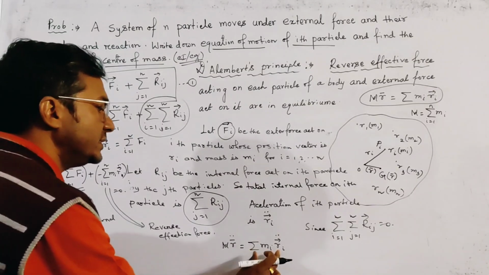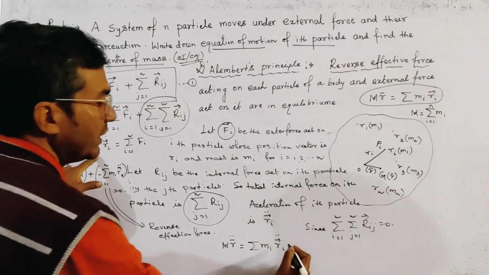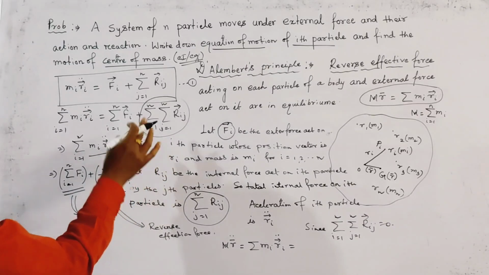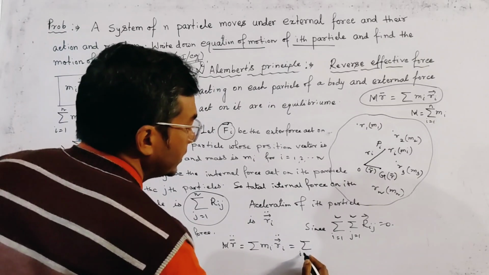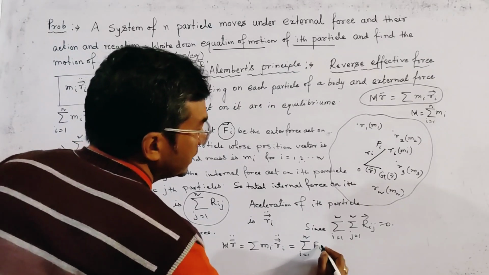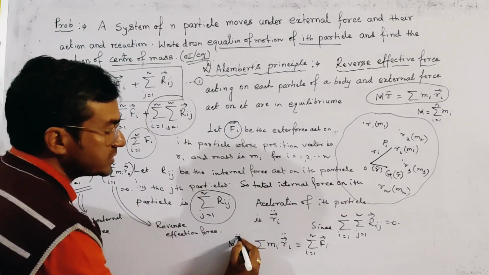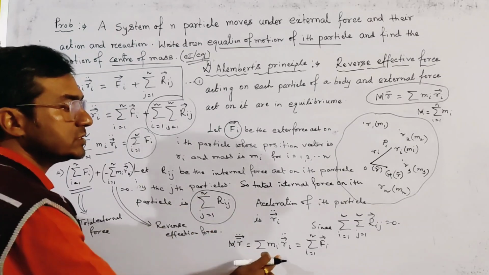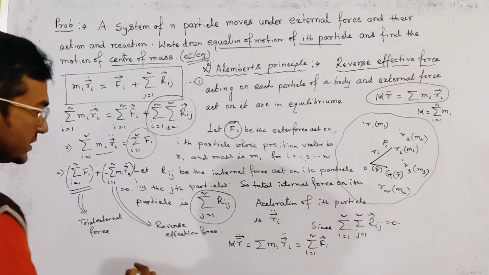Now this term is present on the left side of the D'Alembert principle. Now we put the value, equal to summation i equal to 1 to n Fi vector, and here we may also give a vector sign. So M, capital M, r bar vector double dot is equal to summation i equal to 1 to n Fi vector, and we write this relation separately here.